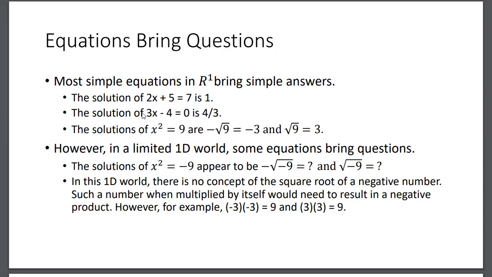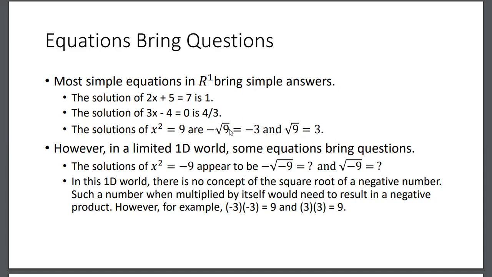The solution of 3x minus 4 equals 0: add 4 to both sides, divide by 3, is 4/3. The solutions, plural, of x squared equals 9 are negative the square root of 9 and positive the square root of 9, -3 and 3. If you square either one of those, you get 9.